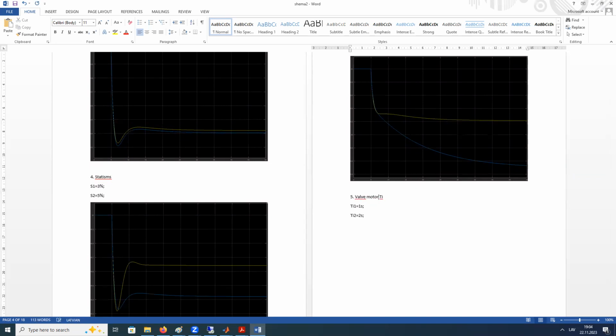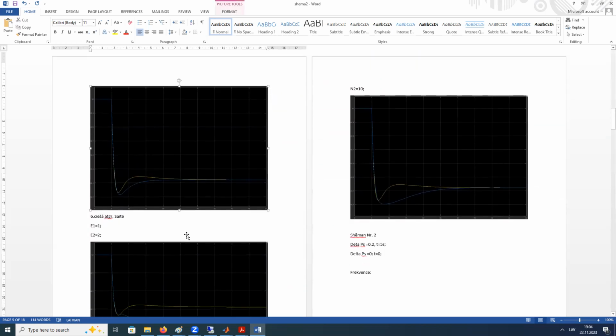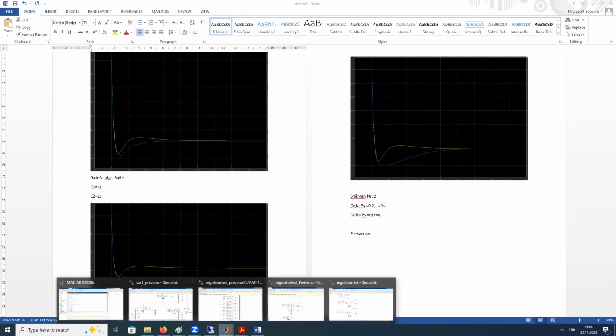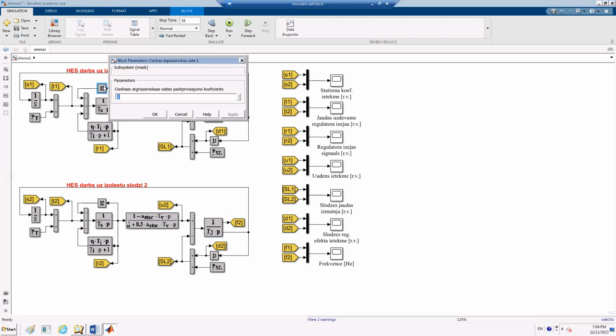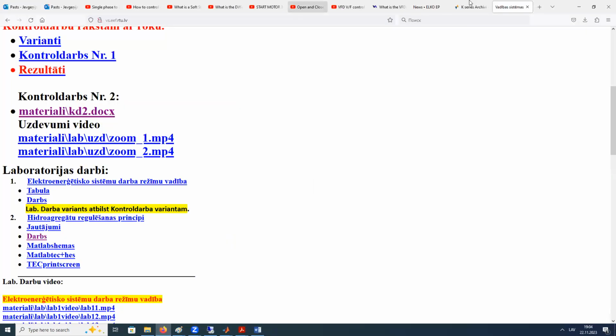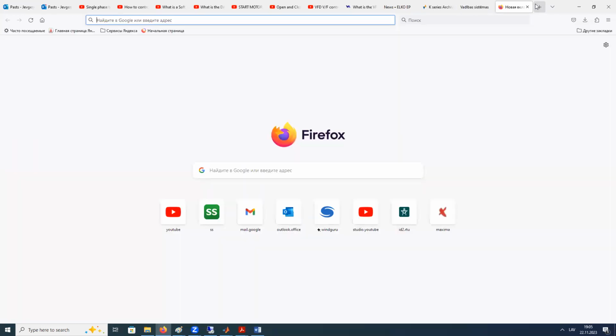Valve motor with its time constant represents here. This one is E. What was I forgot. Okay, wait. I forgot the word.